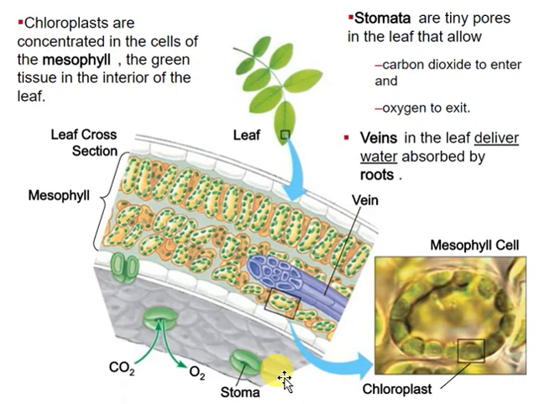Now, each stomata is flanked by guard cells. And these guard cells will regulate the opening and closing of the stomata by swelling or shrinking in response to osmotic changes.